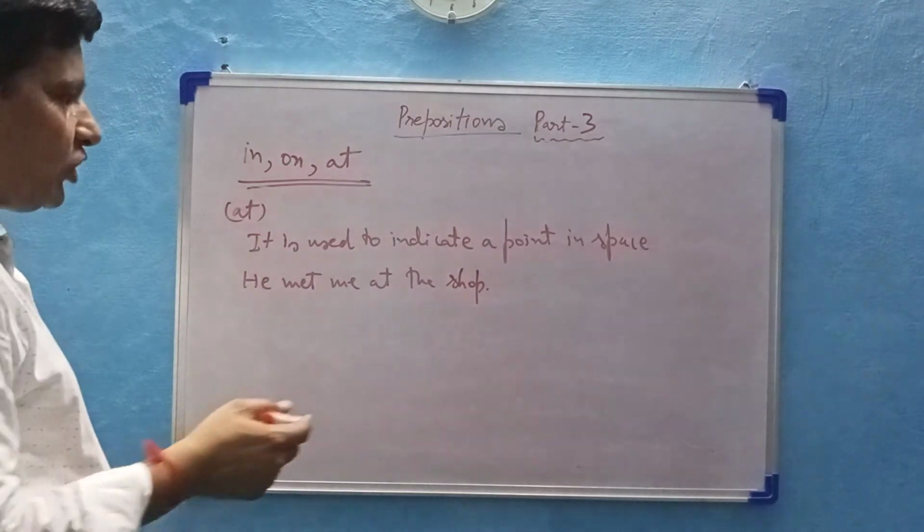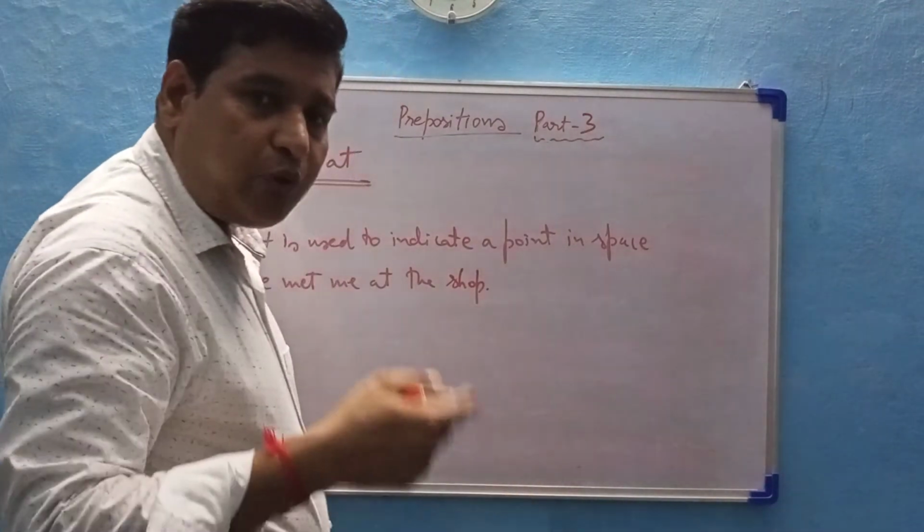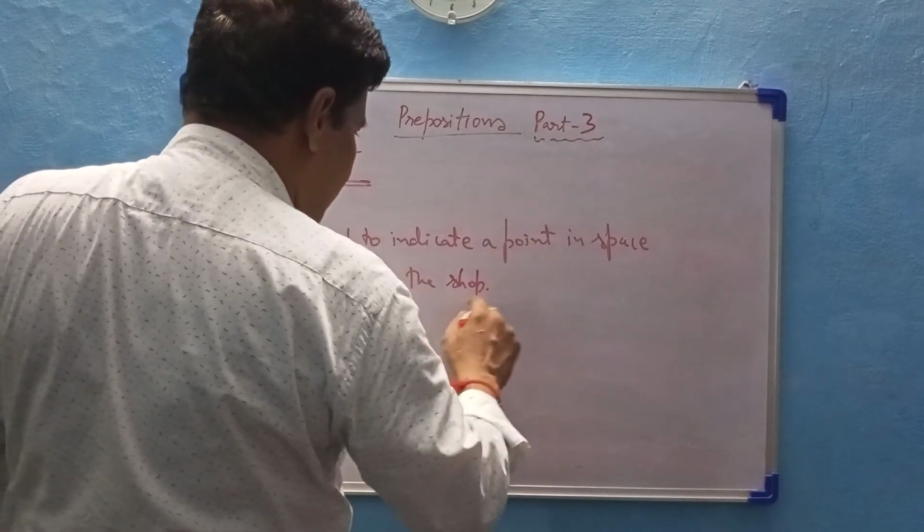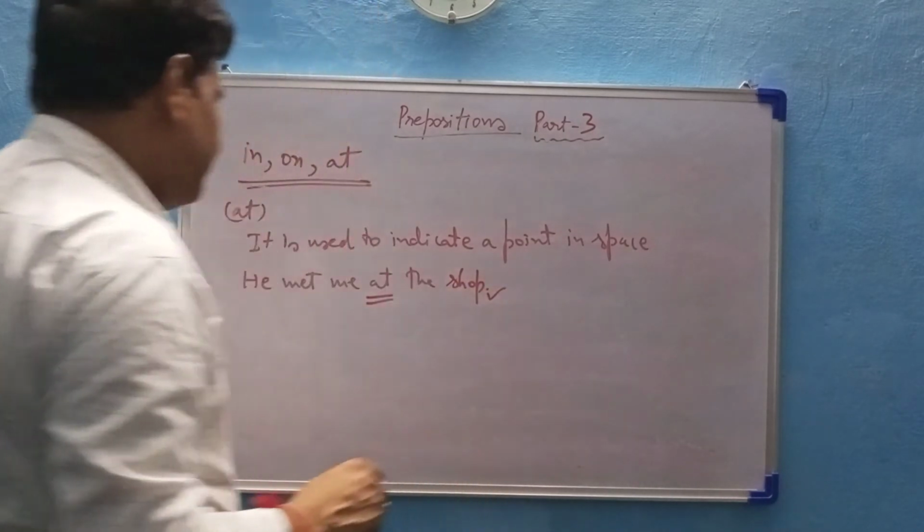He met me at the shop. Here shop is indicating the point of space. So at is used for indicating a point of space.